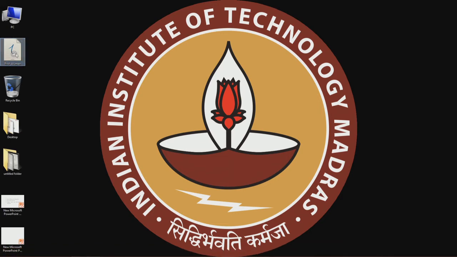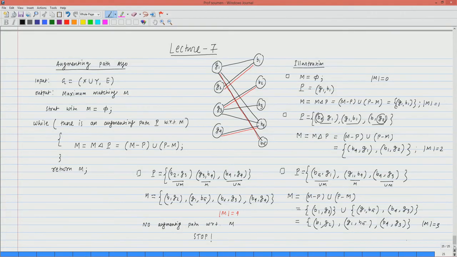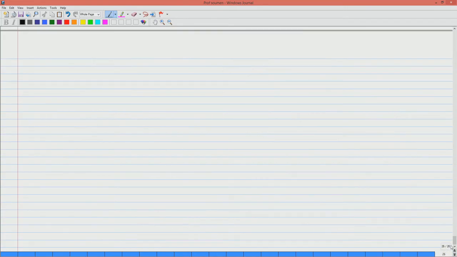which is stated here. So, I will talk about this theorem. I am considering two matchings.